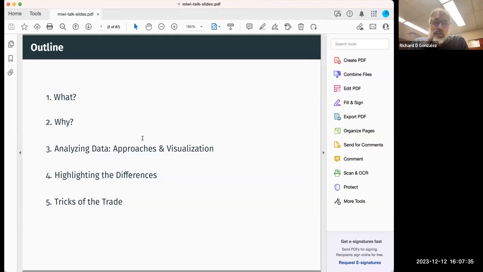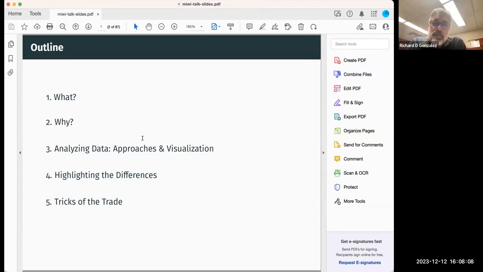So the outline is I'll talk a little bit about what is data science, and why data science, and I'll give some very intuitive examples of how data gets analyzed and visualized from the data science perspective. And then I'll highlight those perspectives and compare and contrast them to more traditional ways that you might see in published articles that use regression and statistical hypothesis testing.